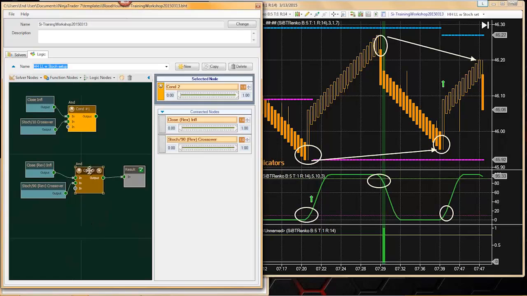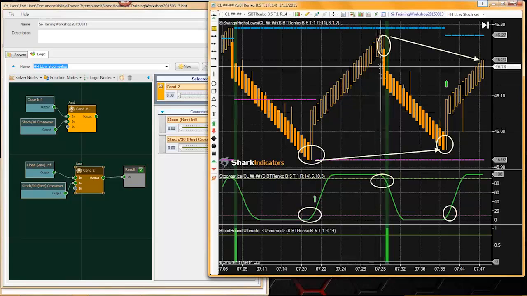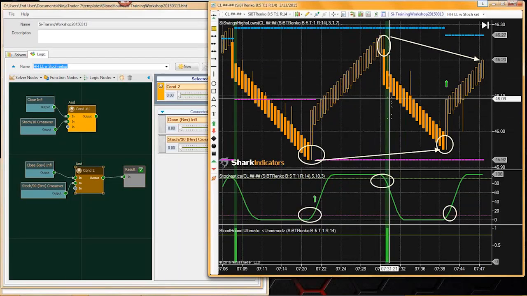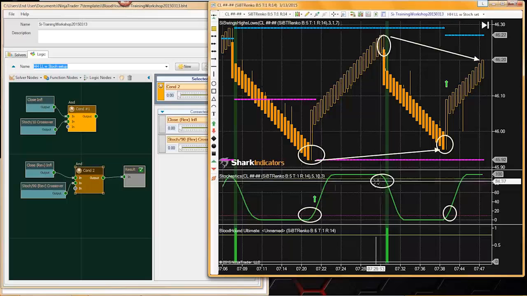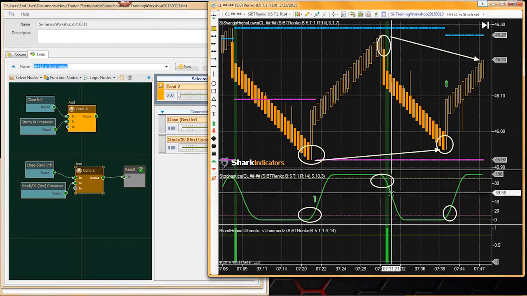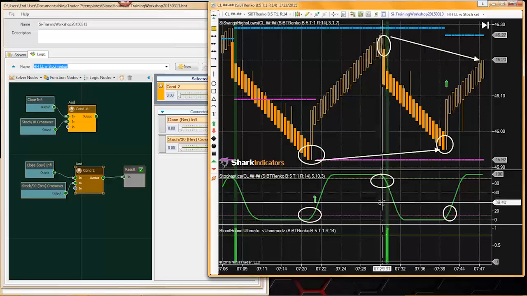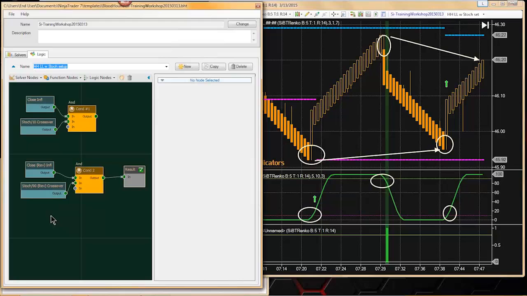That's one way to build condition 2, where we manage to reverse the output so that it gives us a long, when in fact price and the stochastics are actually moving down, which would typically give us a short output. So let me show you another way to build condition 2.